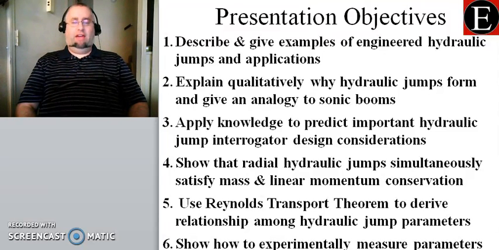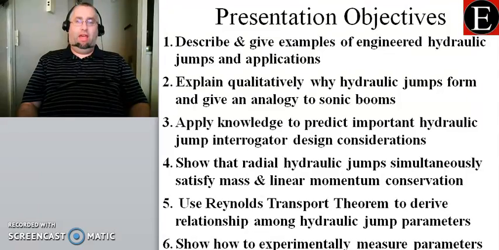So you'll be able to see how the equation was applied to relate a bunch of fluid mechanical parameters to one another. I'm then going to use those results from Reynolds transport theorem to derive a single expression where all the parameters for a hydraulic jump are related to one another. So that's going to be our theoretical model that we're going to use. And finally, I'm going to show you how to run the experiment.